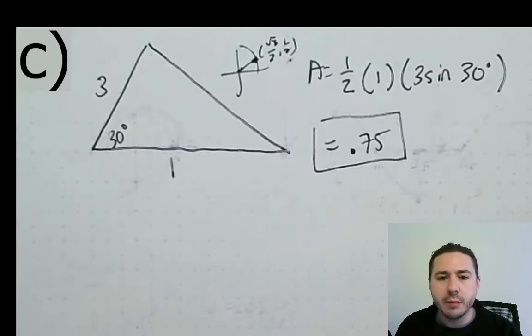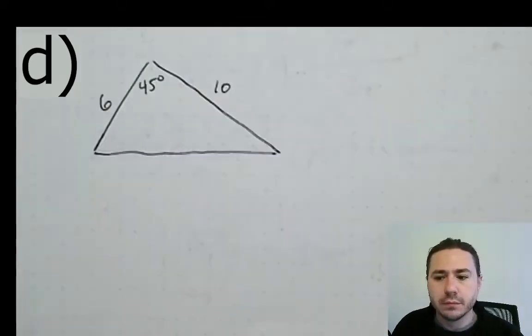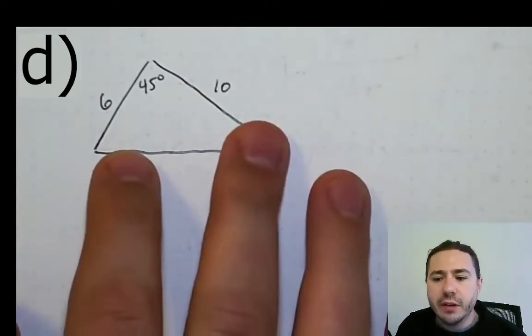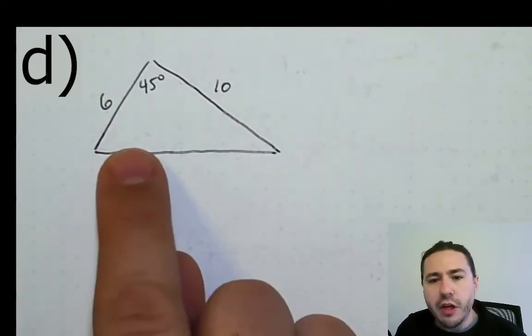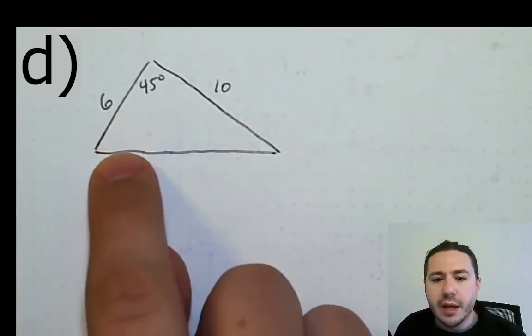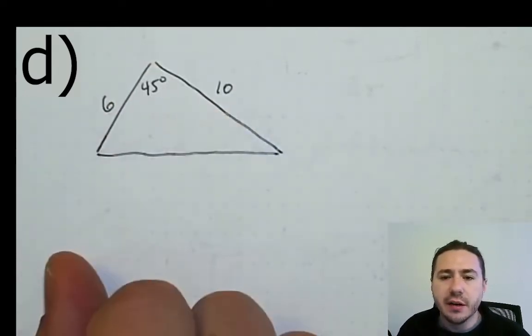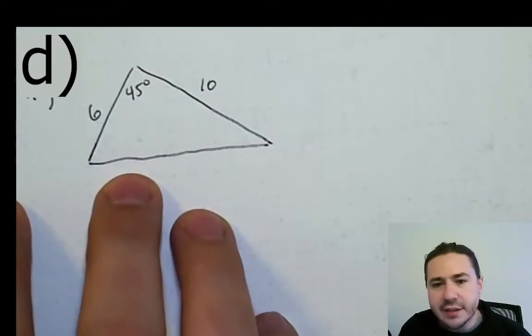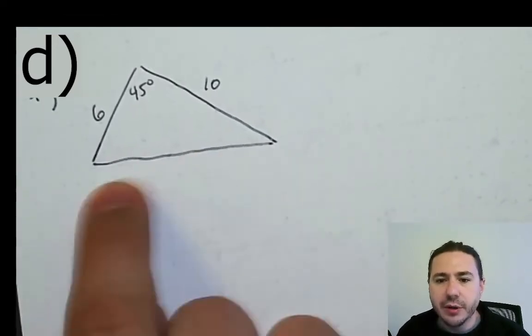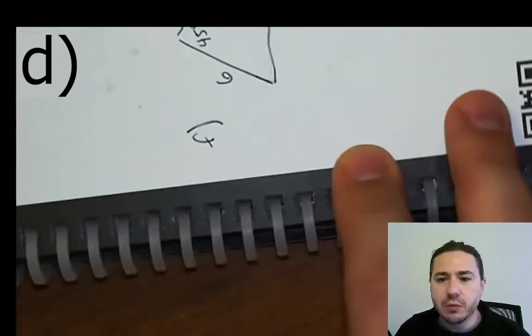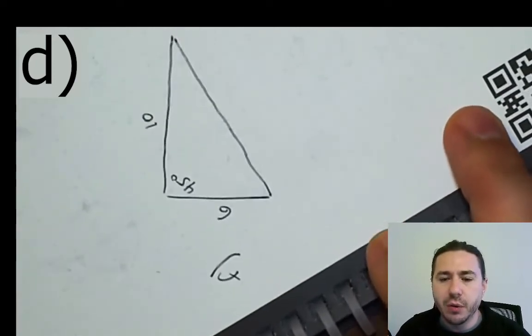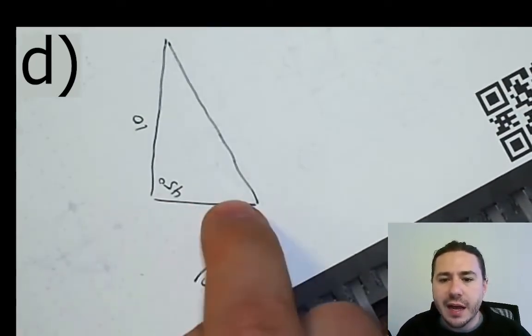There's one more in number 2, so let's take a look at F. So F is like one of the other problems that we did where we do want to use the 1/2 base times height because we got a side angle side here, but the base is not as clearly defined because we don't know this horizontal piece, but that's okay. We can just rotate this like we did the other problem and pick one of these other sides to be our base.